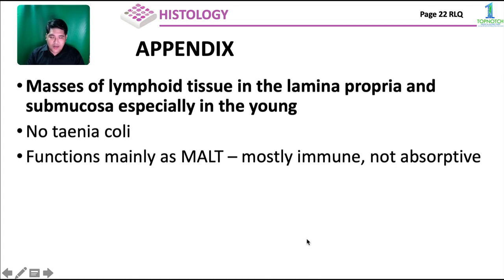Okay, it has no taenia coli, kaya nga pag nawala bigla yung taenia coli, you're in the appendix already. It functions mainly as your mucosa-associated lymphoid tissue. Mostly immune ang function ng appendix, not part of the absorptive process of the GI tract.